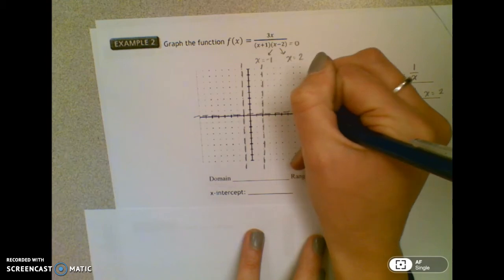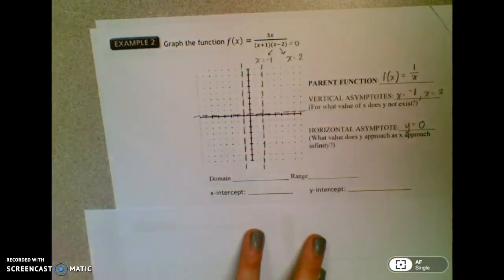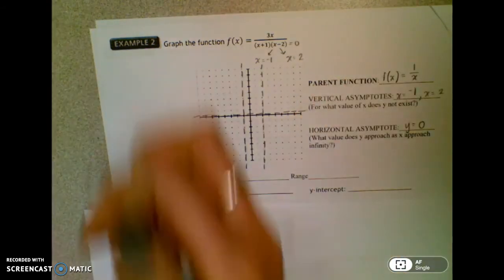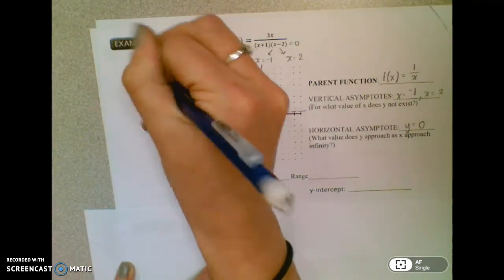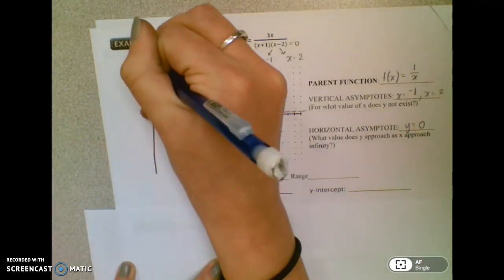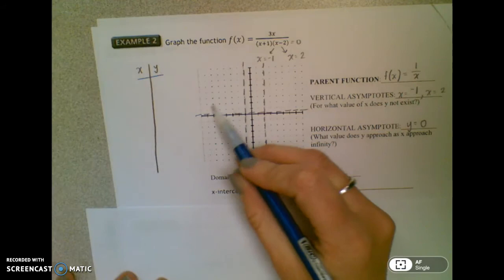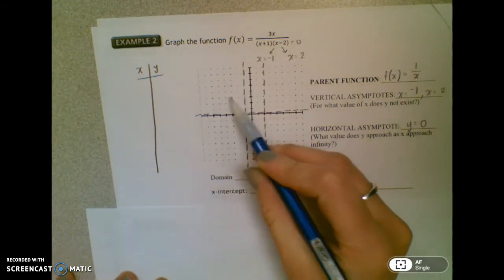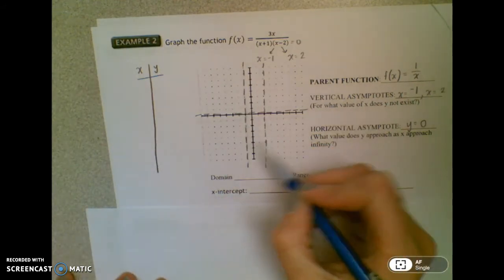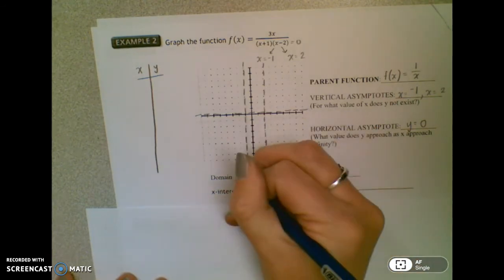Now, as I said earlier, we're going to have to test a lot of points. So let's create a table. You might need scratch paper for this. The first point I have to test is something in this first interval of my domain, which let's write the domain. I have 3 pieces to my domain.